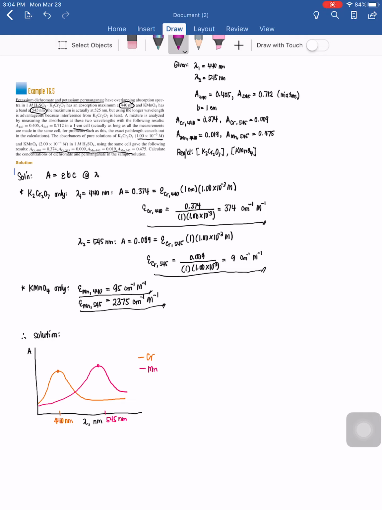However, when you mix the two together, the absorbance of your potassium permanganate at 440 nanometers adds up to the absorbance of your potassium dichromate at that same wavelength to give you a reading that looks like this. So it's going to be higher than the pure solutions.